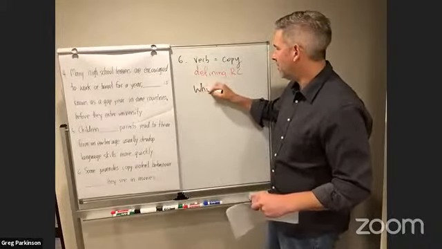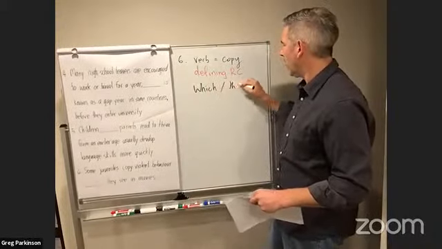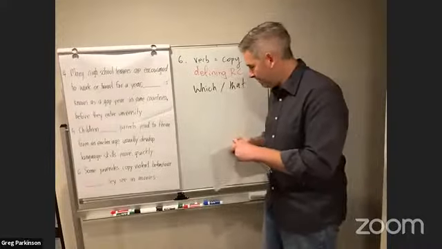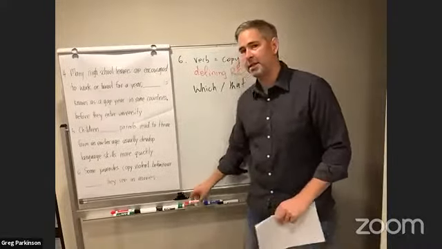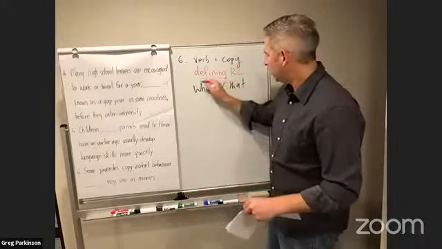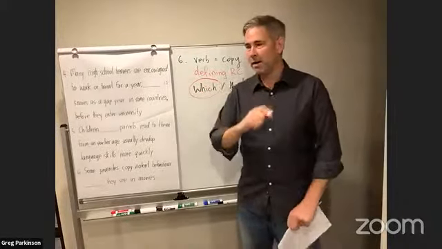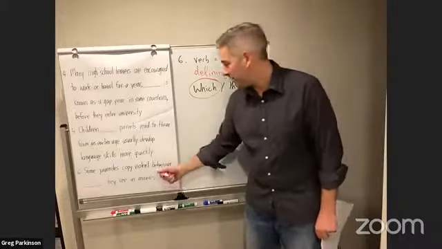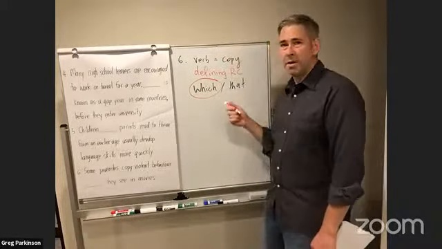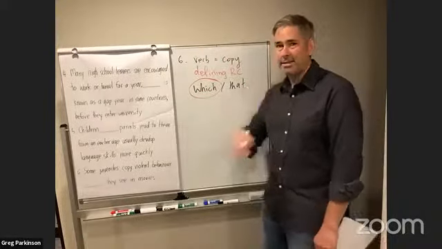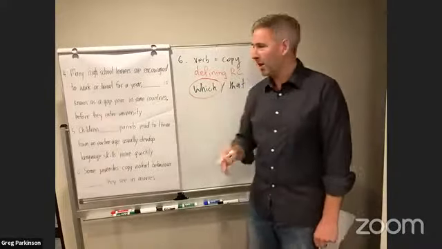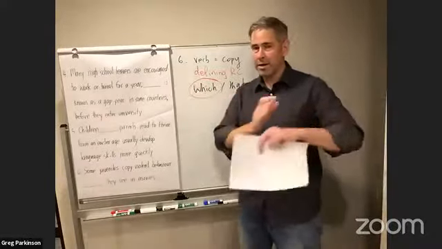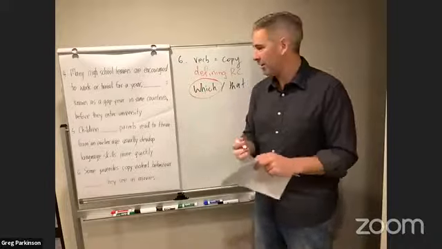Here we could have which or that. Now, again, I would suggest, for the purpose of the IELTS test, I would probably recommend using which, because in most cases, that is going to be used often in the rest of your writing. So why not demonstrate a variety of relative pronouns?